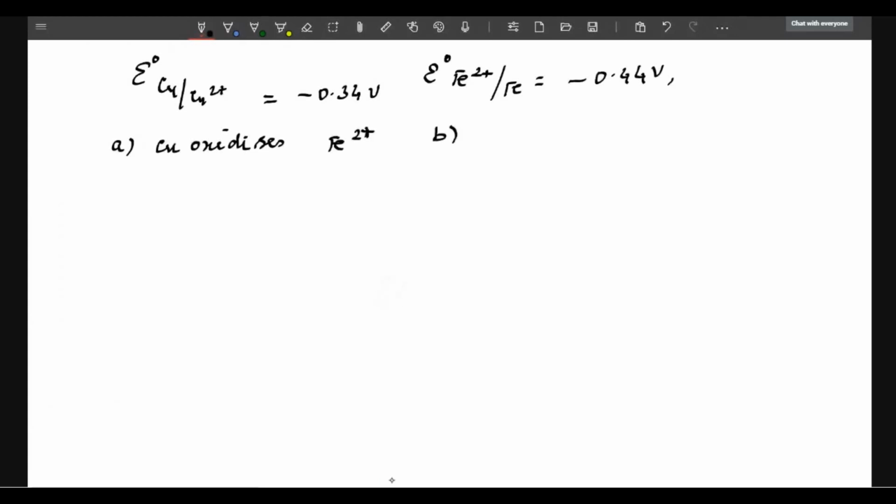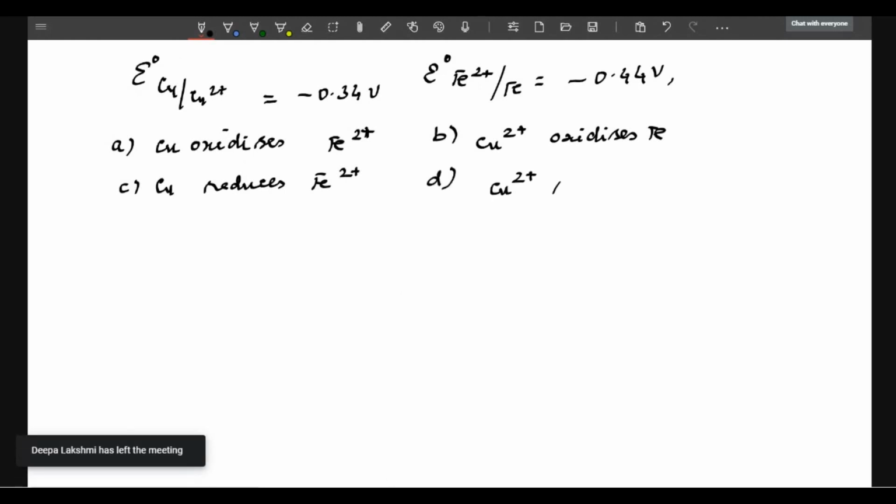B, copper 2 plus oxidizes iron. C, copper reduces Fe2 plus. D, copper 2 plus reduces Fe. It's the simplest problem.